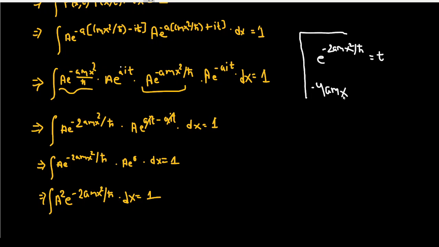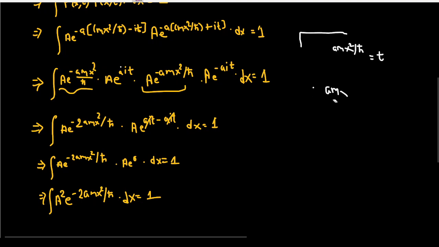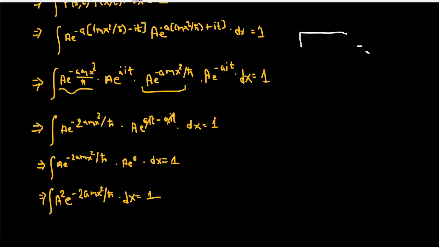Sorry, we can't apply integration by substitution here. If there is only x, then we can apply it, but this cannot be done that way, as it is a complex thing, and I do not remember the formula of the Gaussian integrals, so I will check what the formula is.